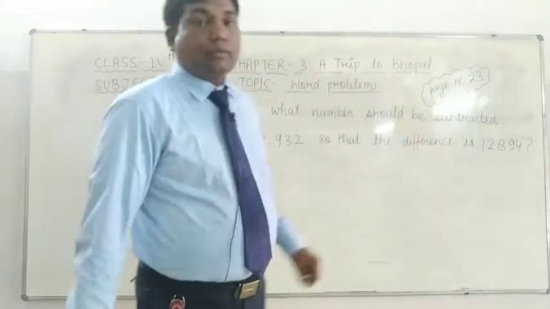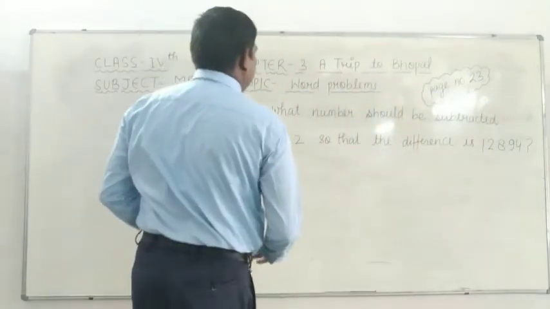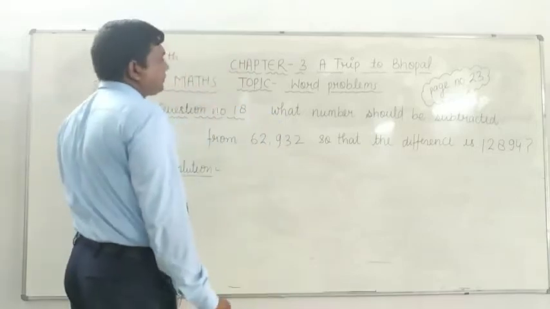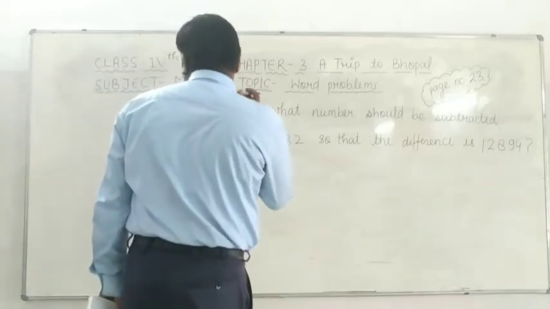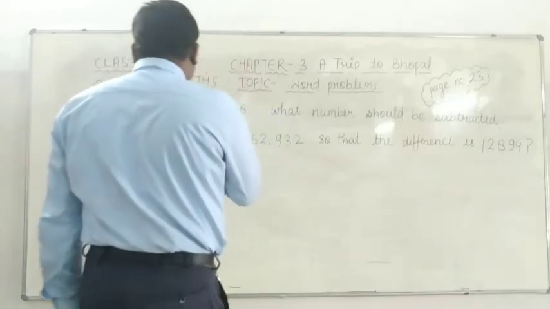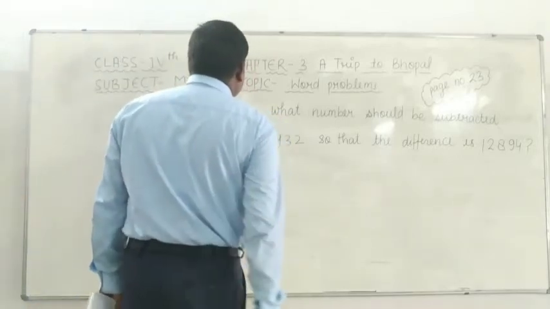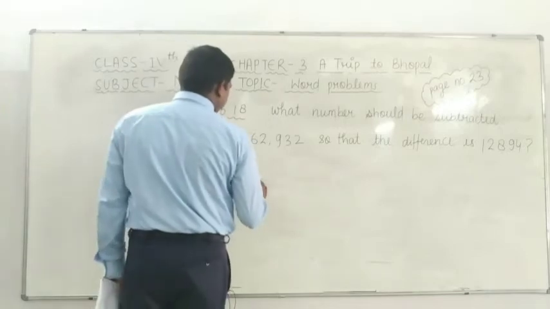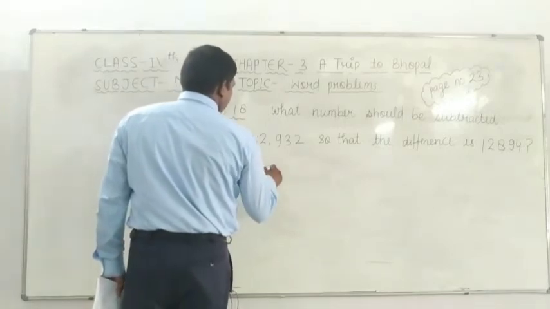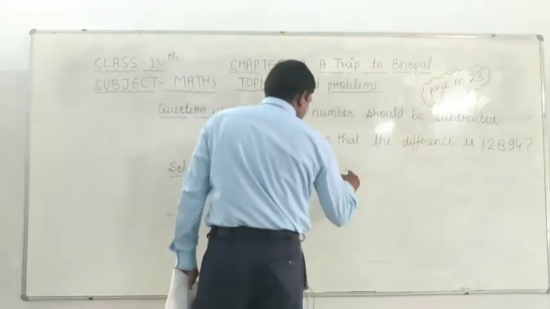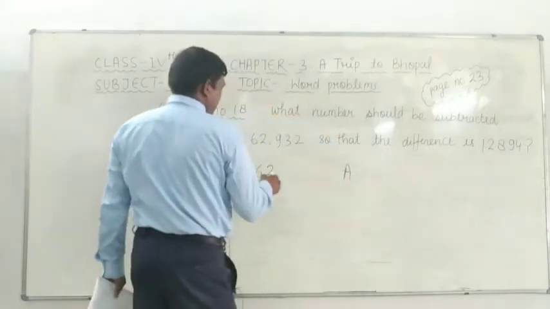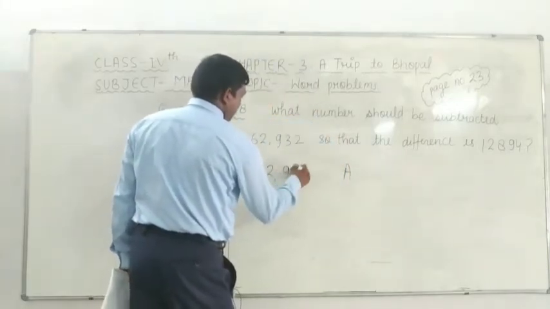Let us suppose that we have to subtract A from 62,932.